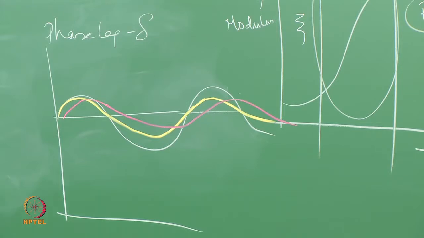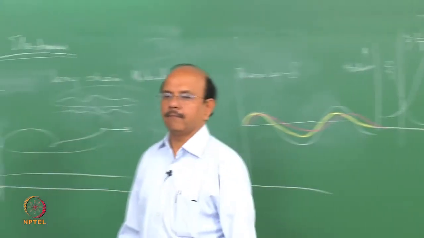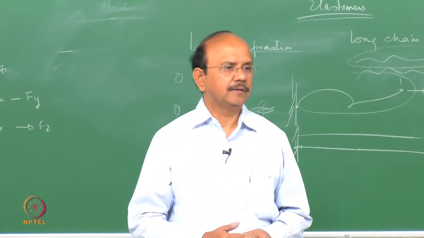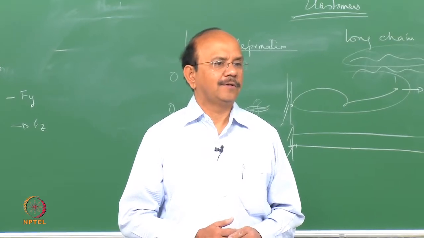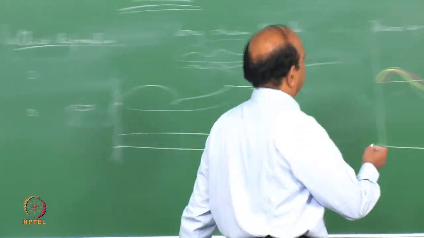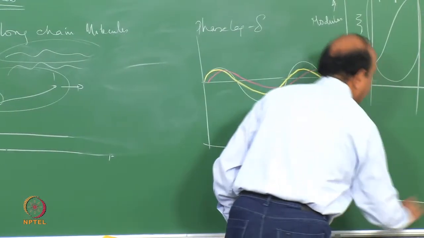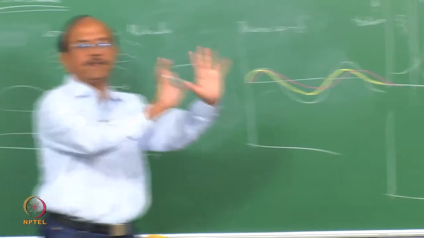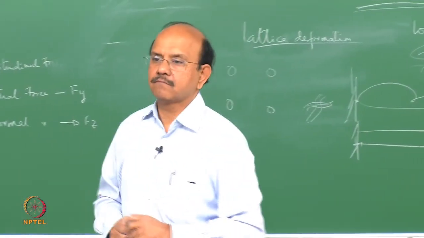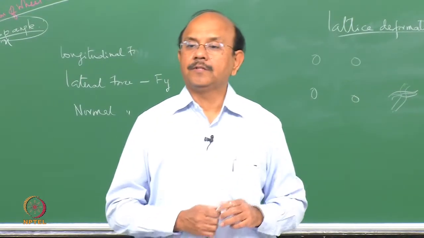Now let us look at the effect of temperature and then get back to this again. The temperature has just the opposite effect. When the temperature is high, the temperature aids these. Let's say I'm fixing the frequency and taking the temperature to be high. What would happen?